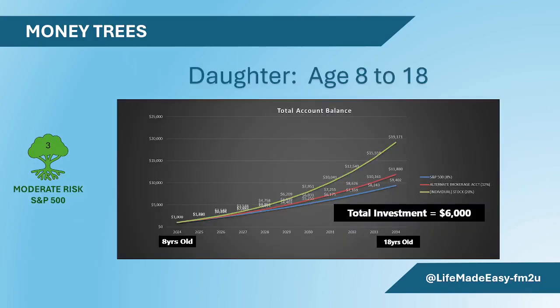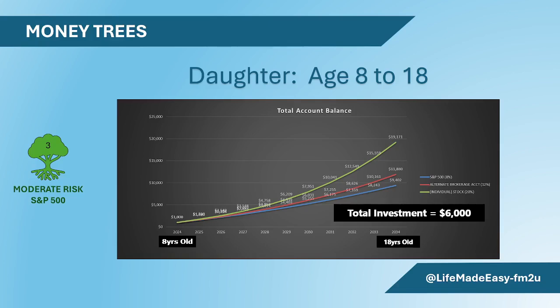Here is an example of how to use this knowledge to your advantage if you have kids. Since compounding is highly time dependent, it would be highly beneficial to get an individual brokerage account started for kids. In my case, I have an 8-year-old.